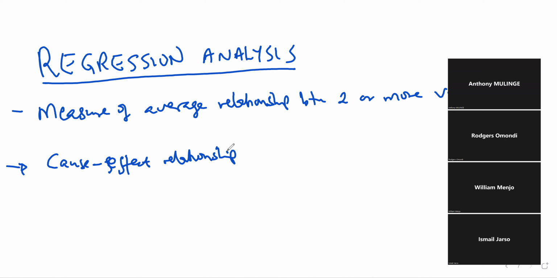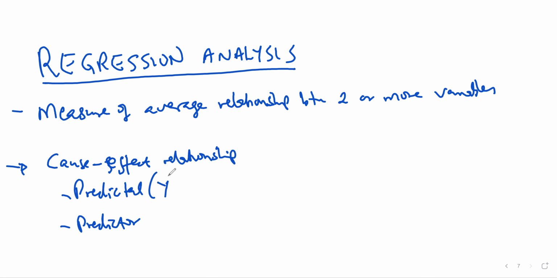So in this context, you have a variable which is being predicted and another variable which is predictor. Usually the predicted variable is denoted by Y, but it can be denoted by any other letter, and the predictor is denoted by X. Another name for the predicted variable is the dependent variable.